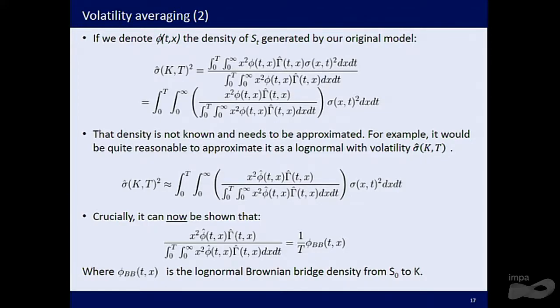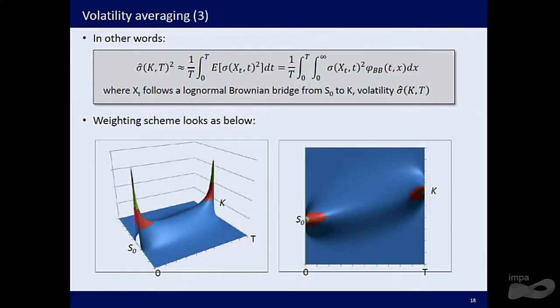But a simple approximation is to say, let's replace the density that we don't know by the Black-Scholes density at that implied volatility, which we don't know yet, but let me carry on with that. When you do that, it becomes a lot easier because now the gamma and the density are in the same assumptions, and there are lots of cancellations, and effectively you can show that those weights follow a Brownian bridge, starting at the spot, finishing at the strike, and those weights can be displayed like that.